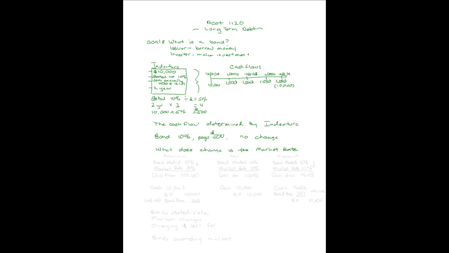So, our bond's stated rate to start with is 10%, and it's in all likelihood that the market rate, or the market yield, is 10%. We would say that this bond is going to sell at par value, because the market rate and the stated rate are the same.